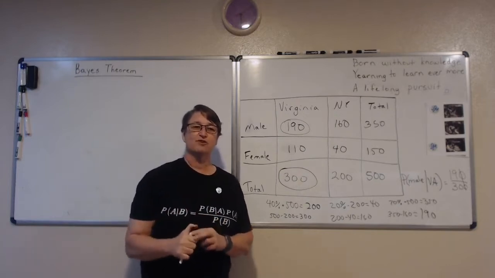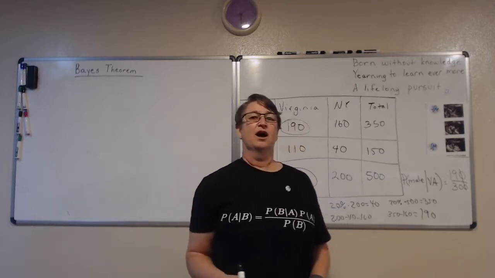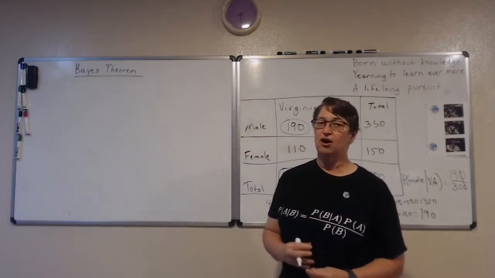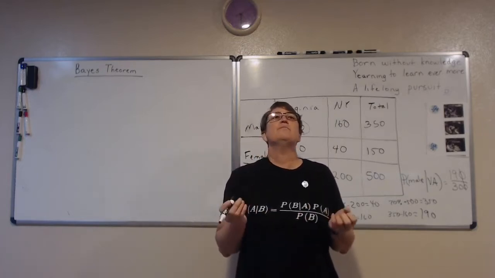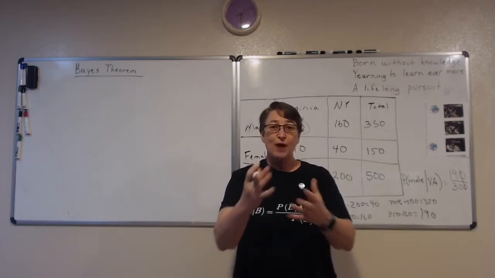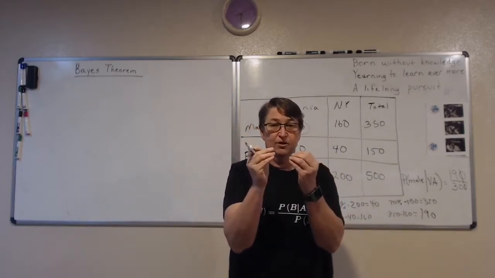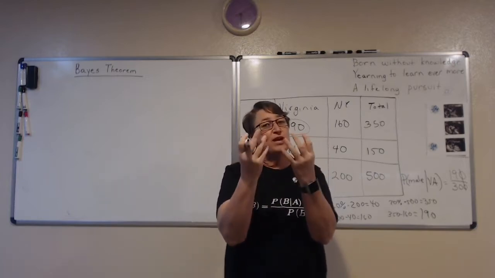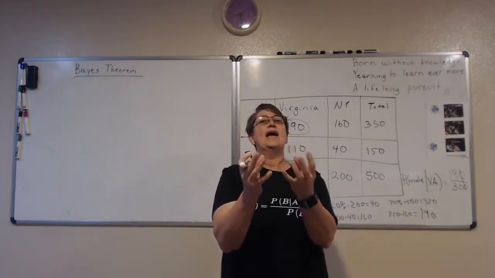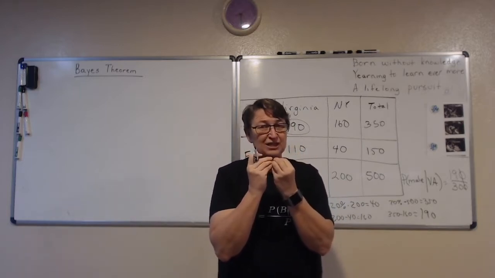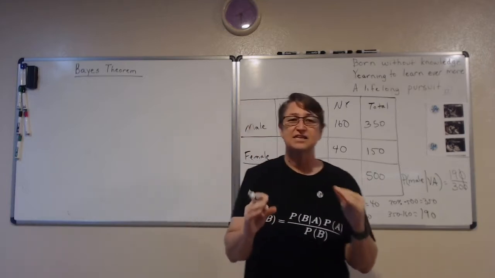So let me explain first about Bayes' theorem. The idea of Bayesian thinking, all it is, is just a simple idea that you have some preconceived notion. You think you know something. And then you get new information. New information is presented to you. And once you get that new information, it changes your thinking. That's all Bayesian thinking is.